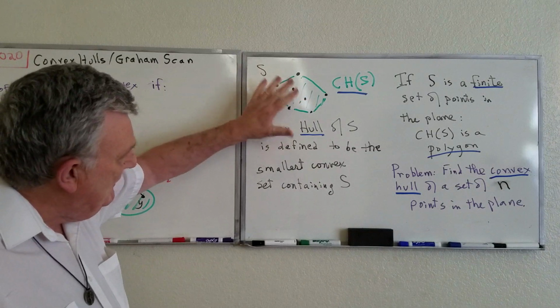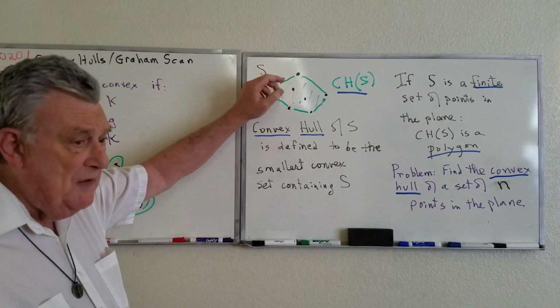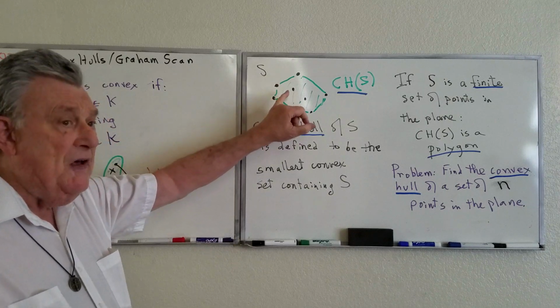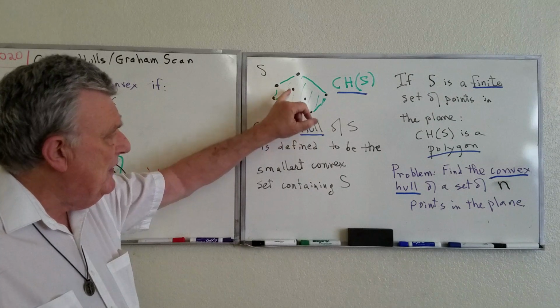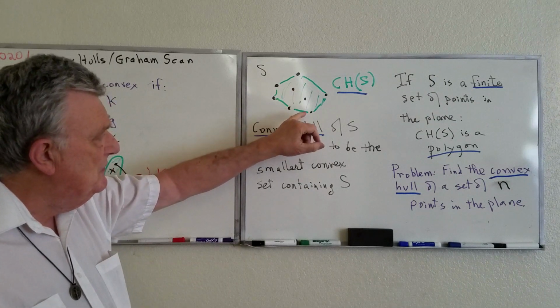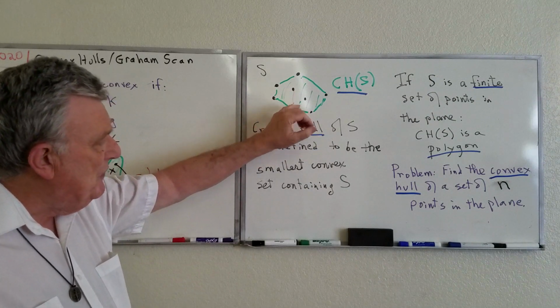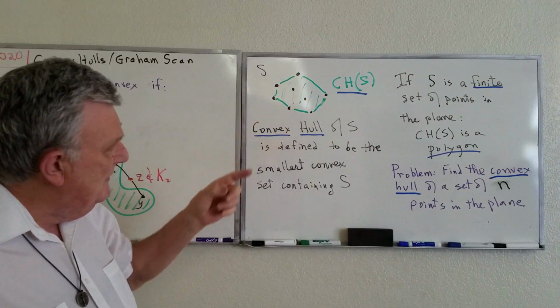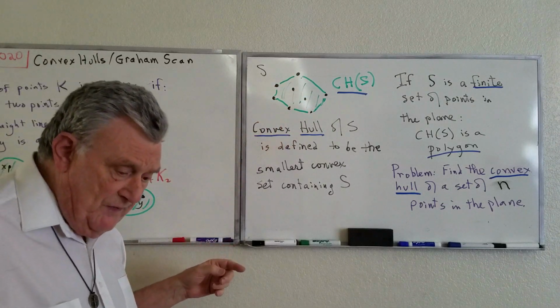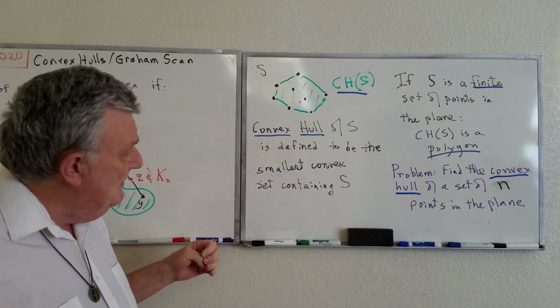Then the convex hull of S is the smallest convex set that includes S. So if S is this particular set of 8 points, then this polygon here is the convex hull of S.